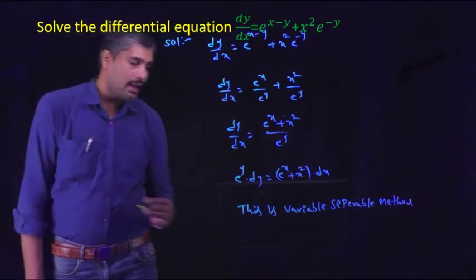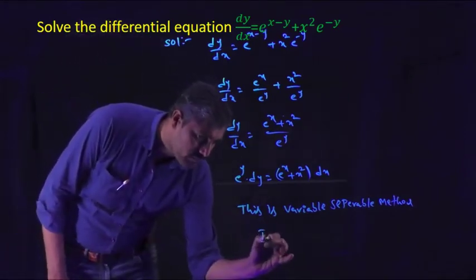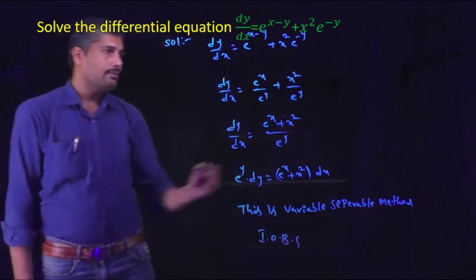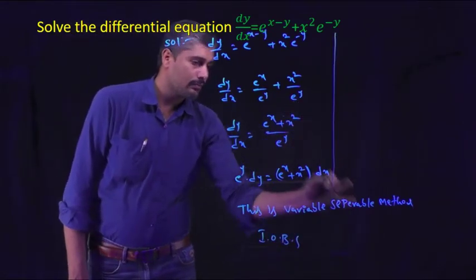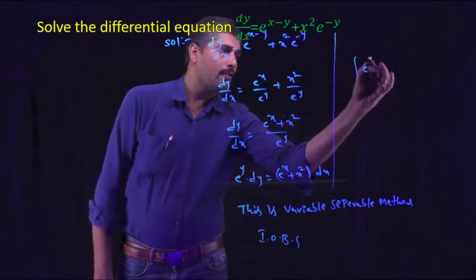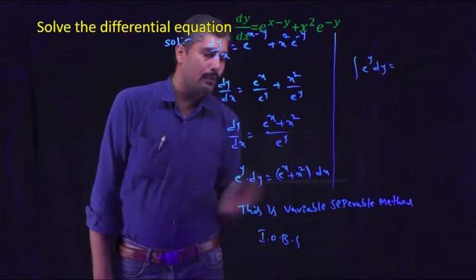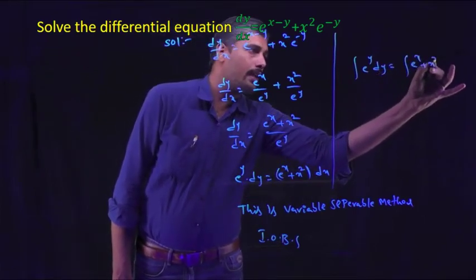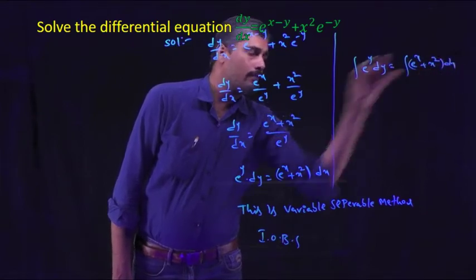That's why we integrate on both sides. Then we get integral e^y dy = integral (e^x + x^2) dx.